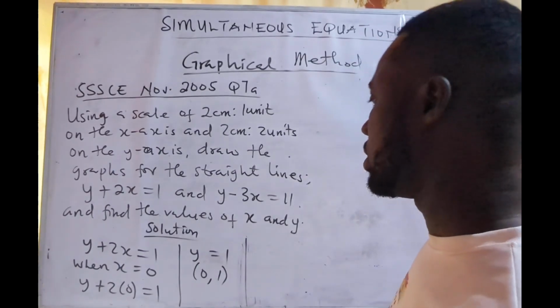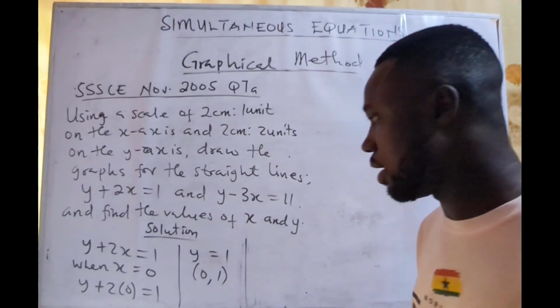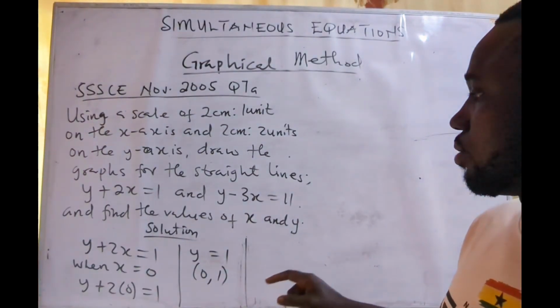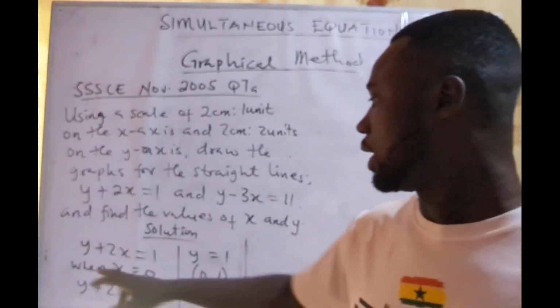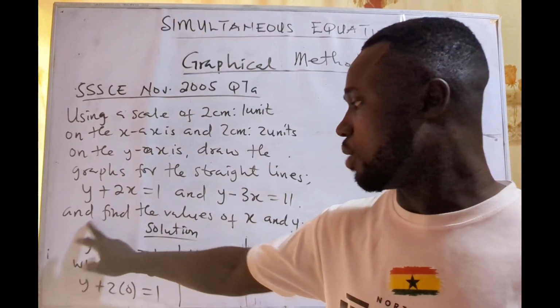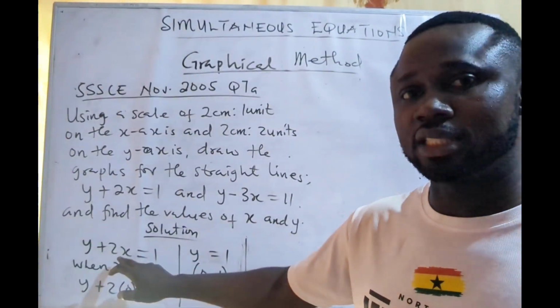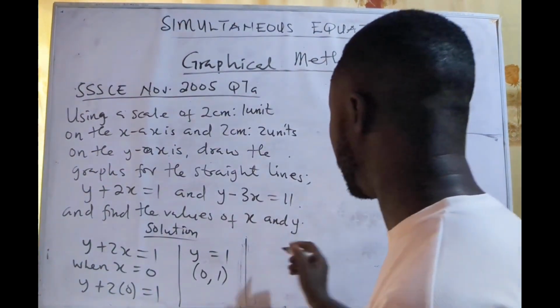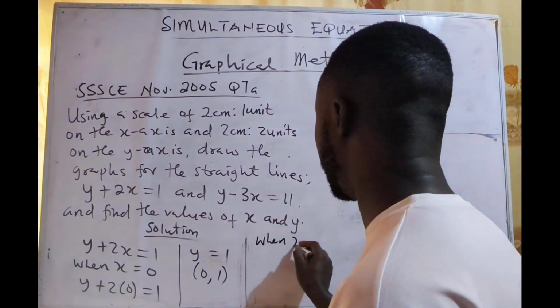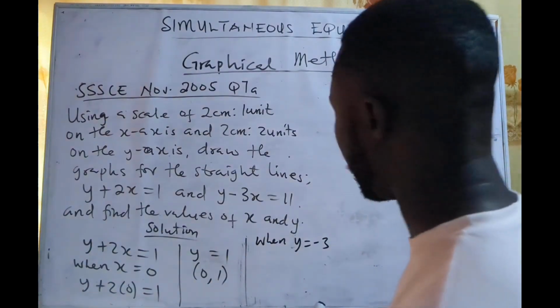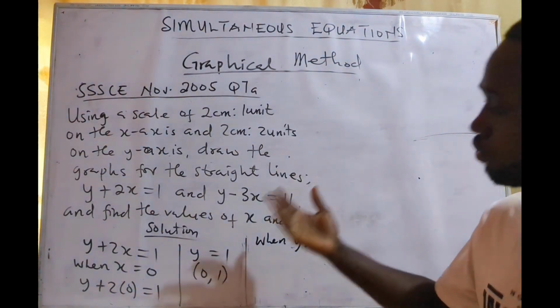So we can also choose another value, let's say when y is equal to negative 3, so that the negative 3 can become positive 3 and we get 4, and we can get a value for x.